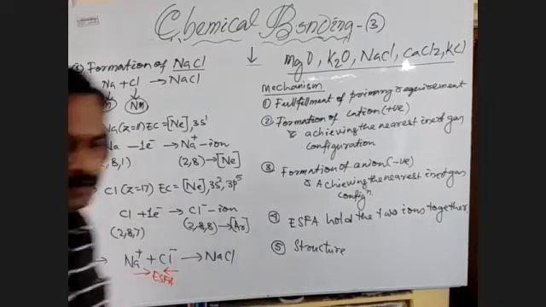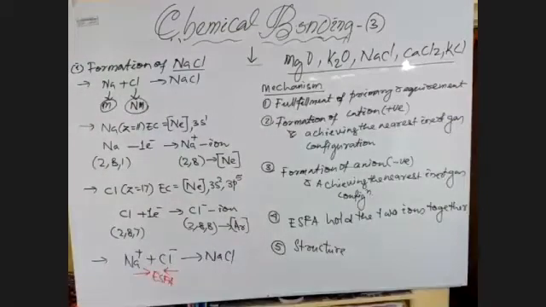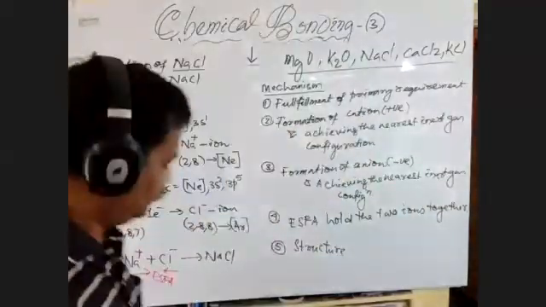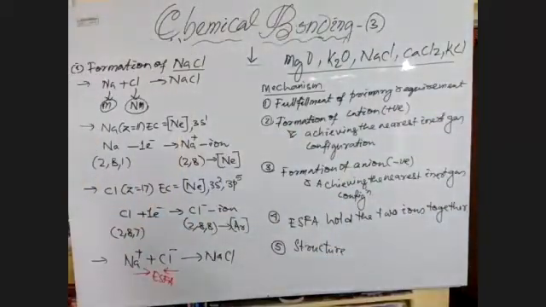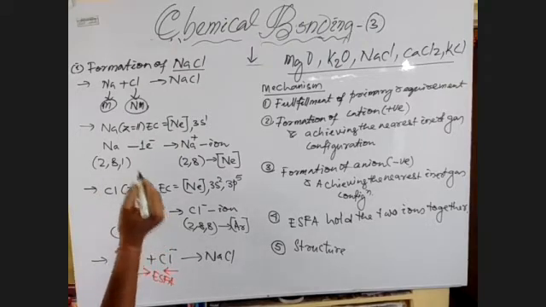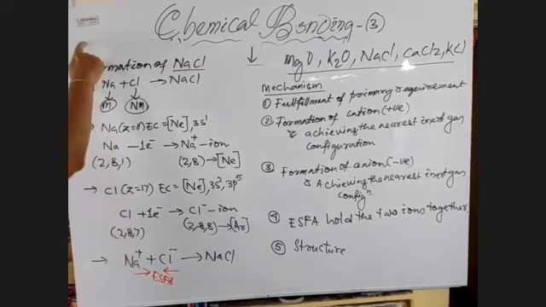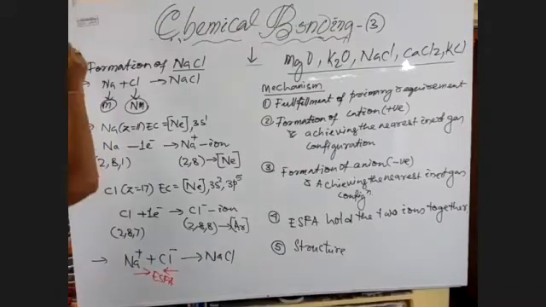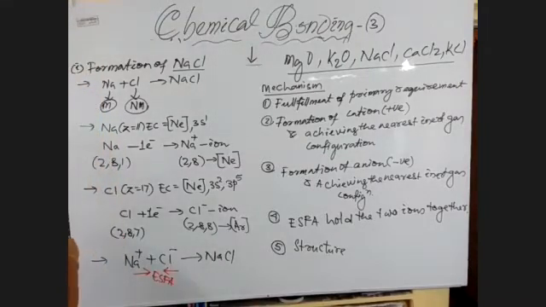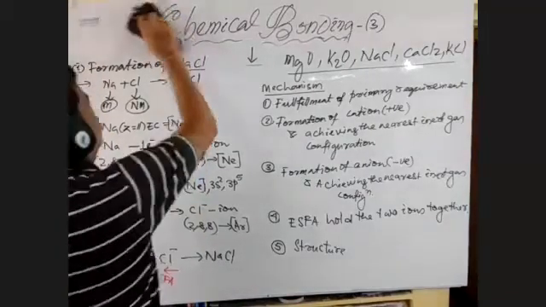Now if you want to draw the structure, how do you draw it? You can draw the structure like this. One is here, the sodium. So I'm drawing the structure here. Let me wipe out the top one.